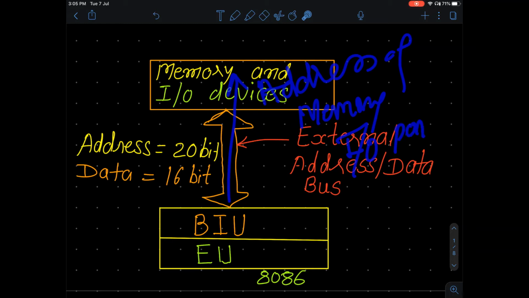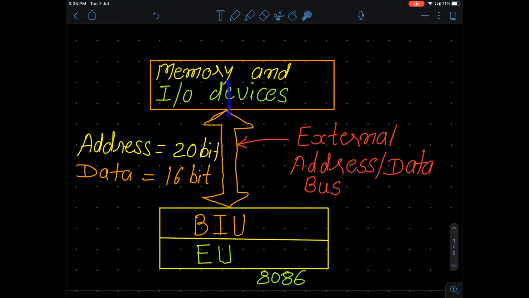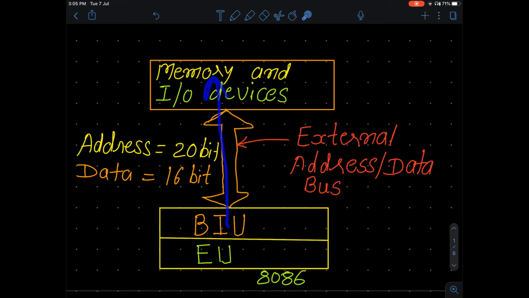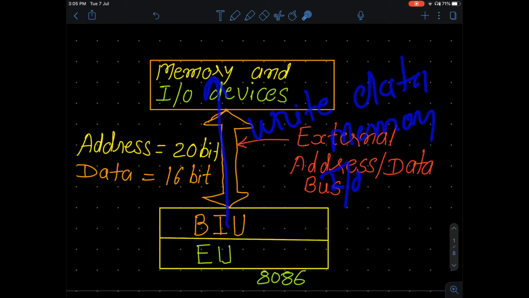It fetches the instruction from memory, or it reads data from memory or IO ports, or it writes data to memory or IO ports.